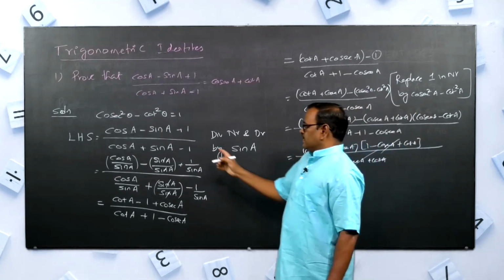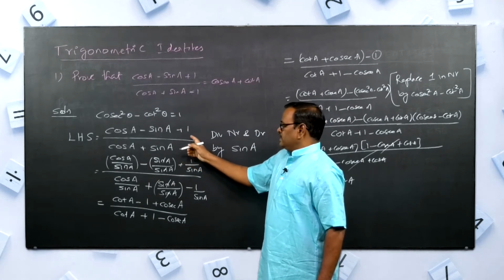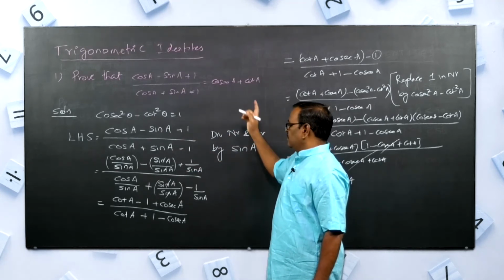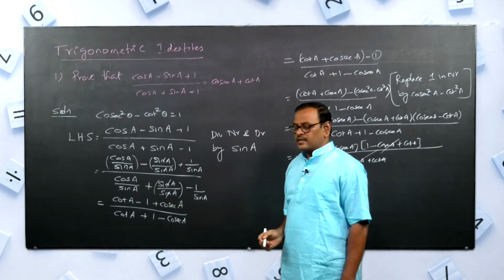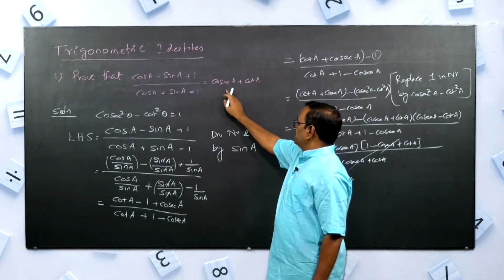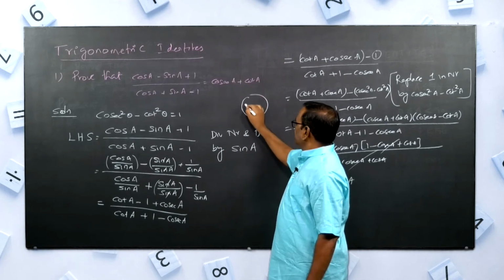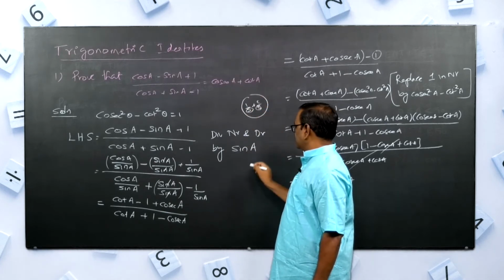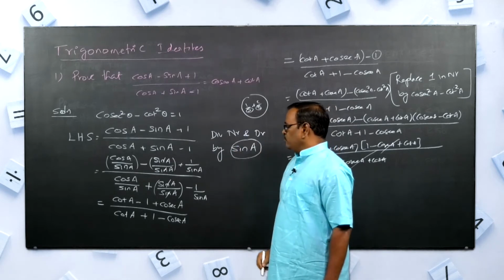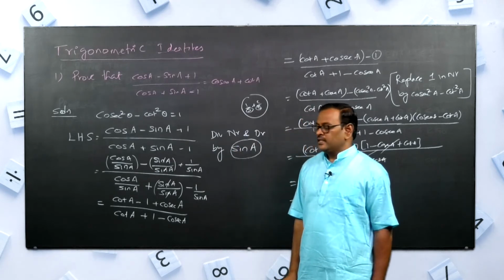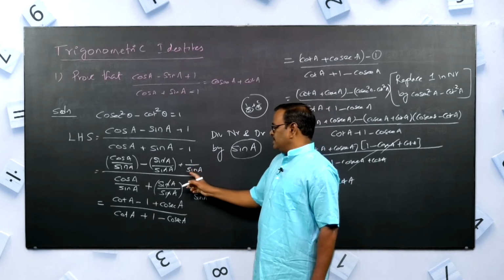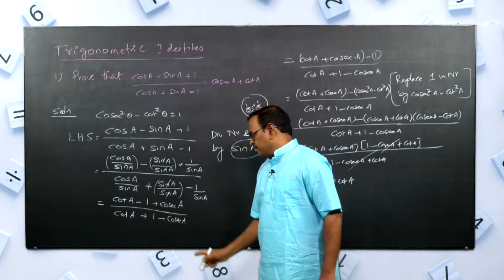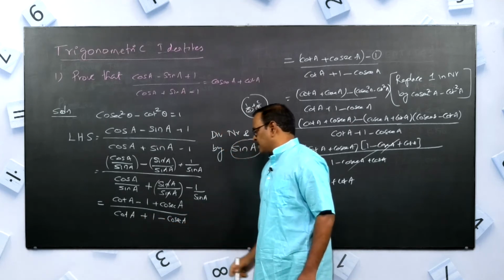Write the LHS again. The LHS is in terms of sine and cos, but the RHS is in terms of cosecant and cot. So how to change to cosecant and cot? Here this is 1 by sine and this is cos by sine. Both the denominators are sine, hence divide numerator and denominator by sine A. If you divide by sine A, the LHS becomes (cot A minus 1 plus cosecant A) and (cot A plus 1 minus cosecant A).